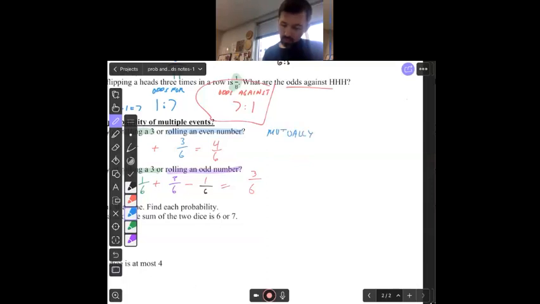And this becomes one of those things where you really have to pay attention to what's going on in the problem. Again, it's more of a thinking issue than a math issue. So mutually exclusive events cannot happen at the same time.